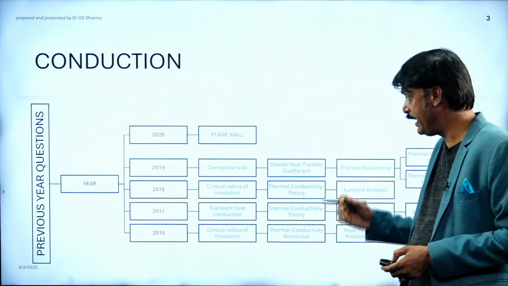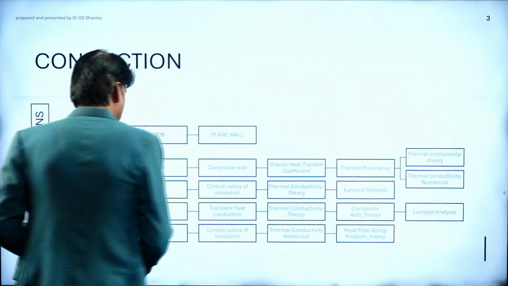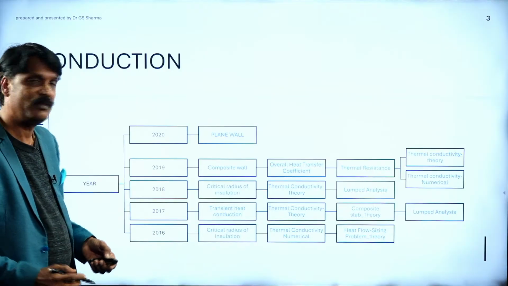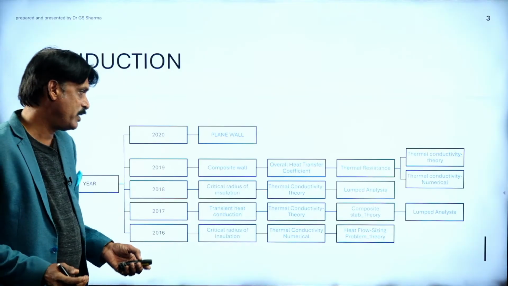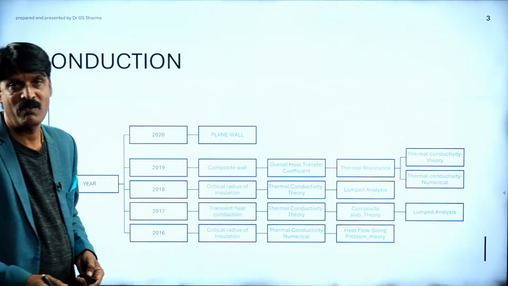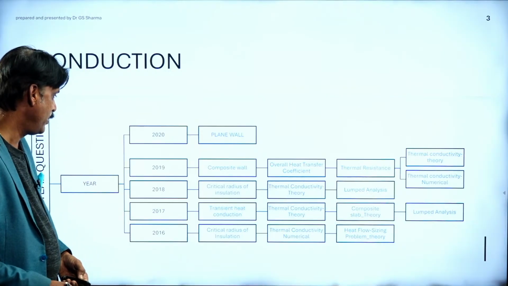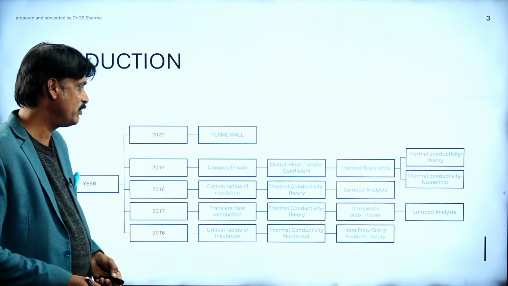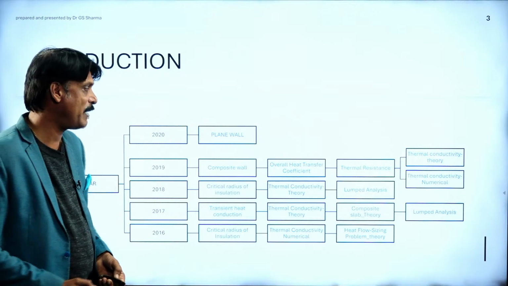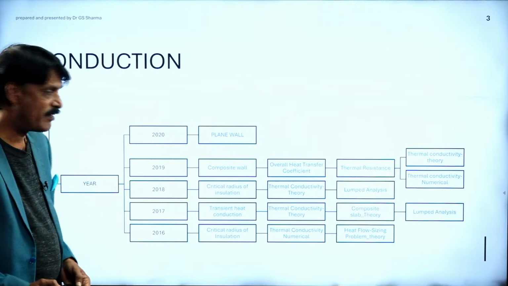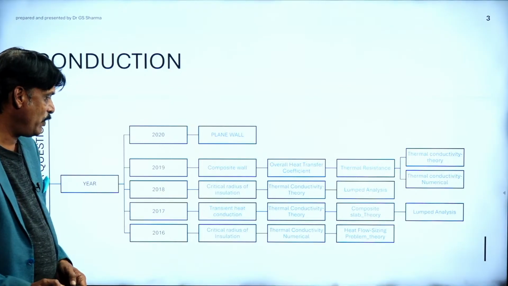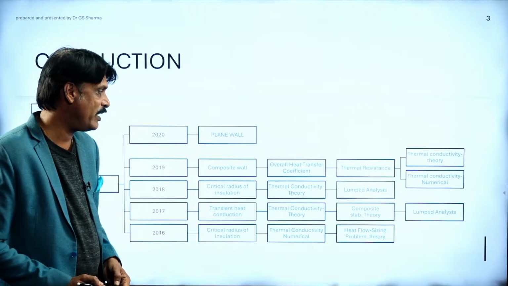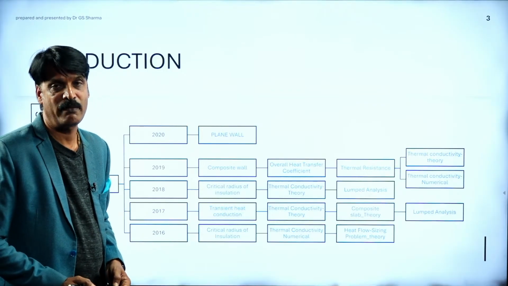In 2018 there was a question on critical radius of insulation, thermal conductivity theory, and transient lumped heat capacity analysis. In 2017 you have transient heat conduction, thermal conductivity theory, composite slab theory, and lumped analysis. In 2016 there was critical radius of insulation, thermal conductivity numericals, and a heat flow sizing problem theory question.